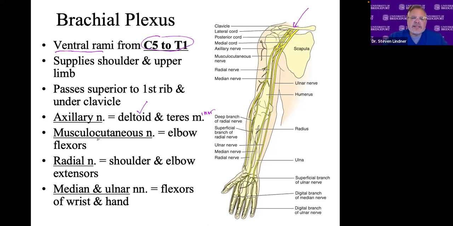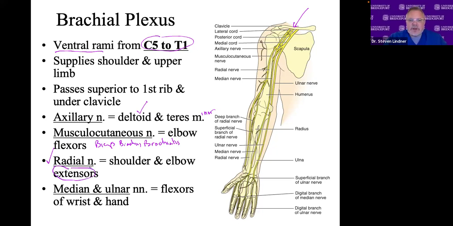The musculocutaneous goes to your elbow flexors. So that would be your biceps brachii, and the other biggie is your brachialis. Your radial nerve, what's interesting about the radial nerve is whenever you think of radial, I want you to think of extension.